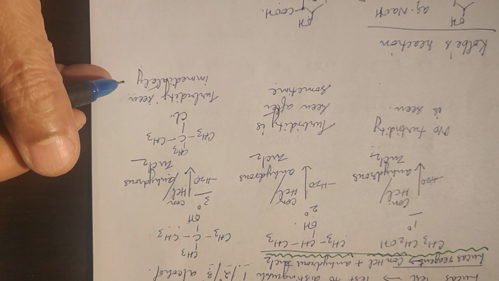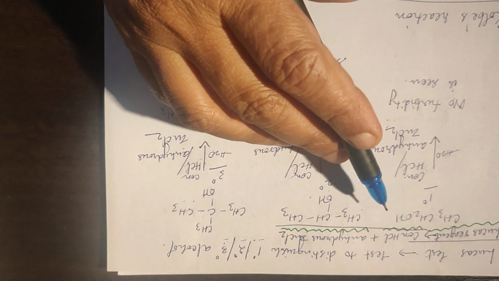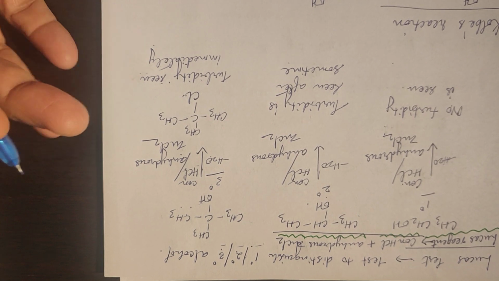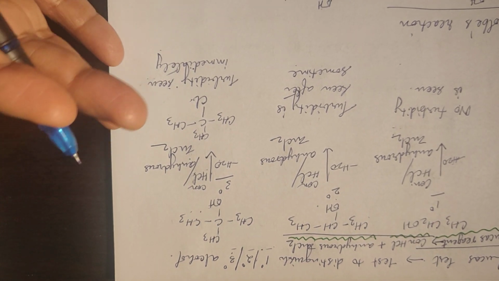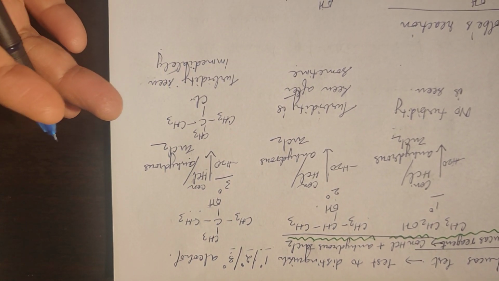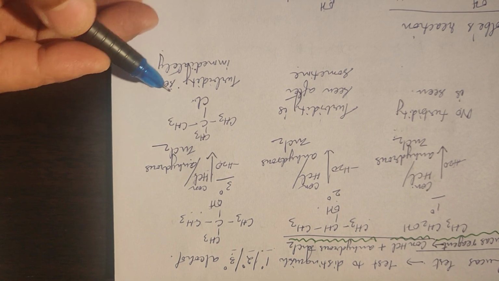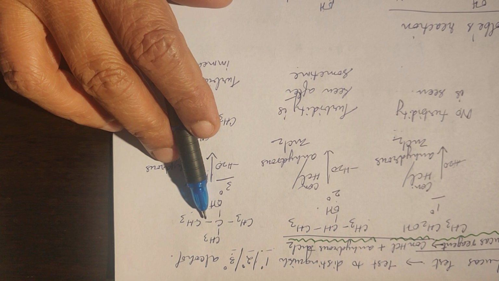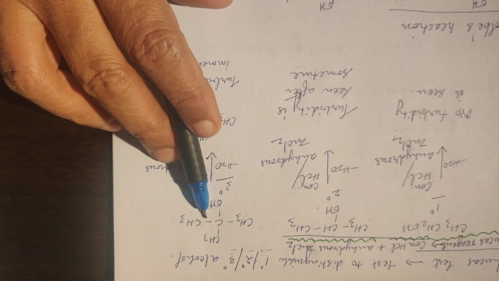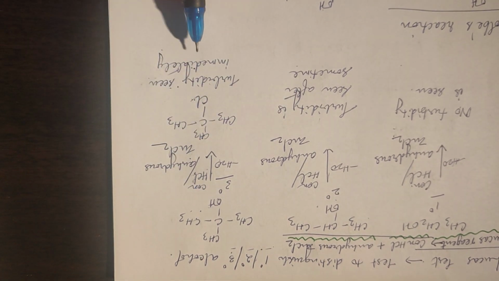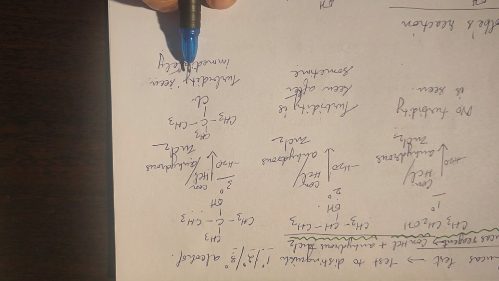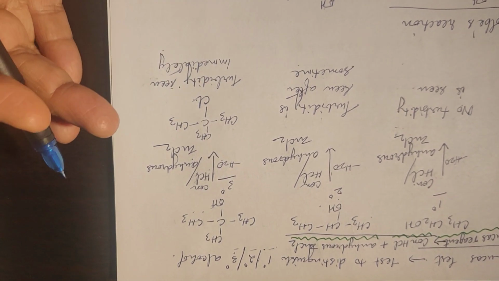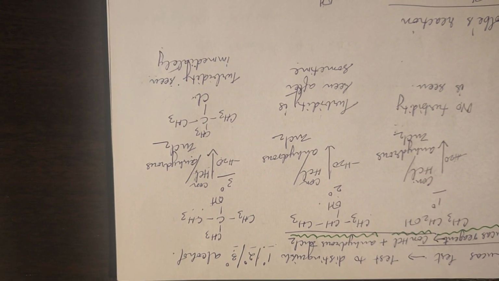Since it is called a test, that means some visible observation is possible in this case. So what is the observation? Turbidity is seen immediately with tertiary alcohol. If the sample of alcohol is tertiary, then you will find turbidity immediately being formed. Turbidity is nothing but some kind of cloudiness within the test tube.